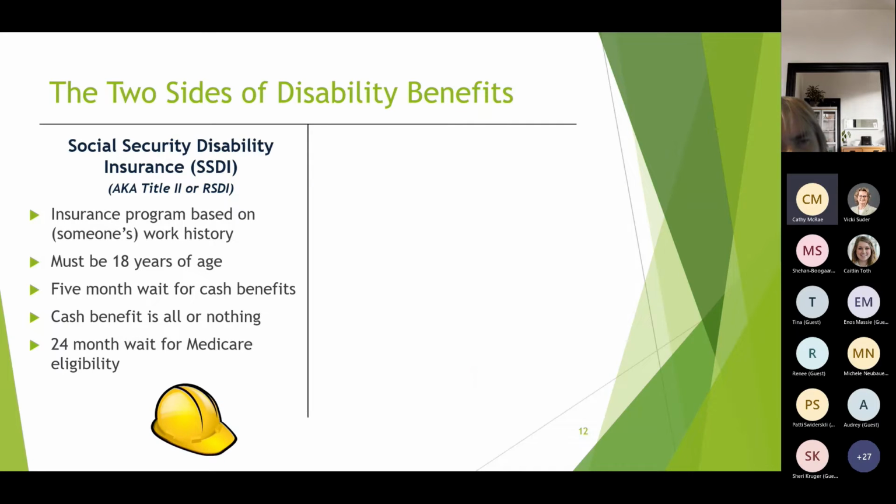So we're going to start on the SSDI side of things. So again, this is an insurance program that's based on someone's work history. In order to receive SSDI with your name on the check, you have to be over 18 years of age. When you apply and are found eligible, there's a 5-month wait for the cash benefits to start. And when you get SSDI, you either get the full check or you get no check at all.